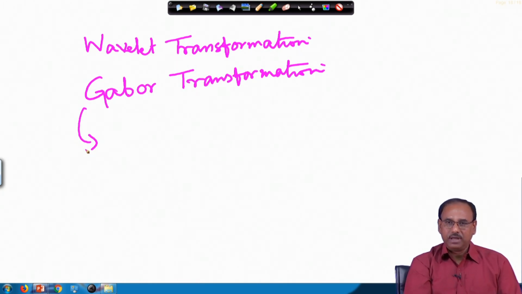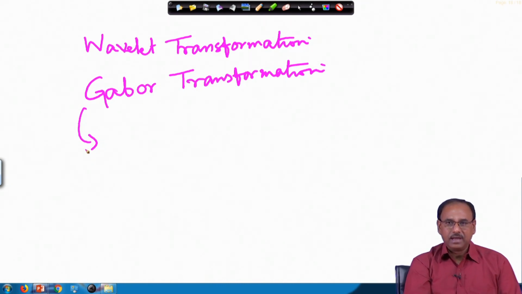One is the variance of the Gaussian, that tells you about the scale, and because it is cosine modulated, the frequency of that cosine signal. The other parameter, because it can be oriented, is the orientation angle. So, I have three different parameters for Gabor filters: frequency, scale and orientation. And I can have different filter coefficients by varying these three parameters.